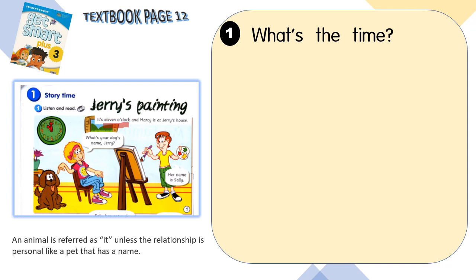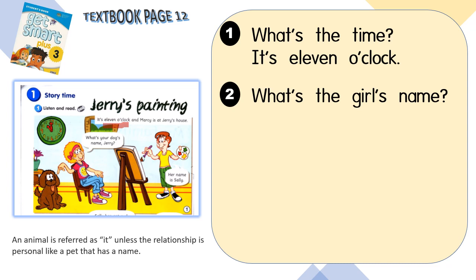It's 11 o'clock. Very good. What's the girl's name? Okay, we have a girl here. What's her name? How do you know? Yes, we have it here. We have the clue here. So, how to answer the questions?